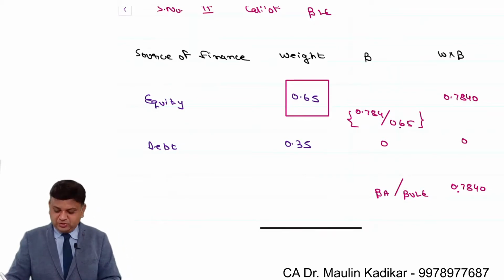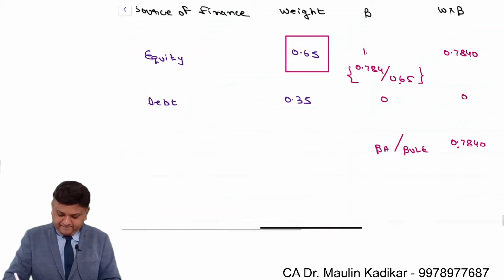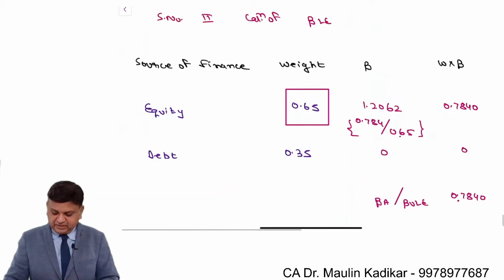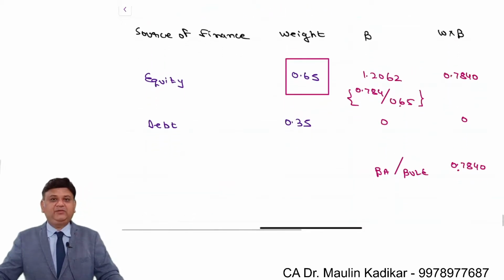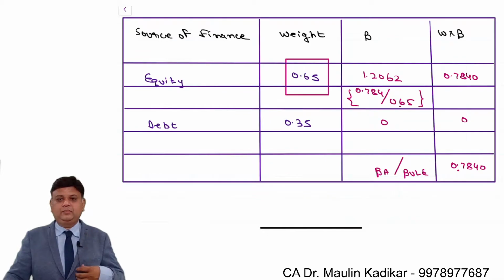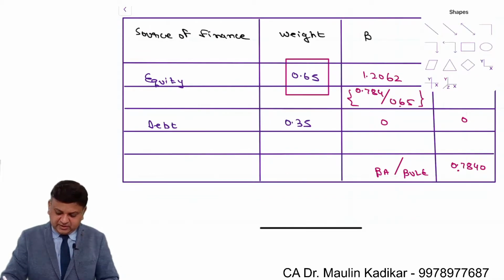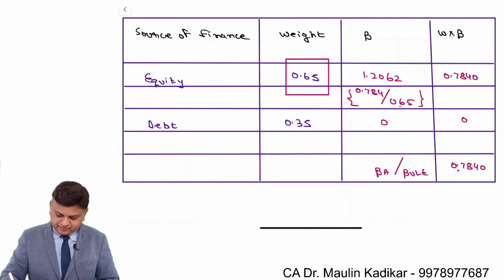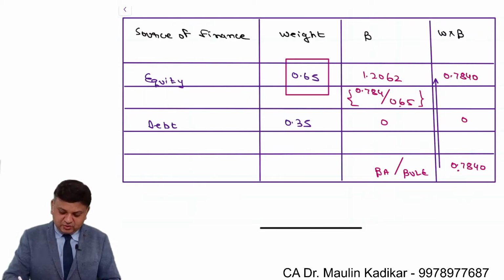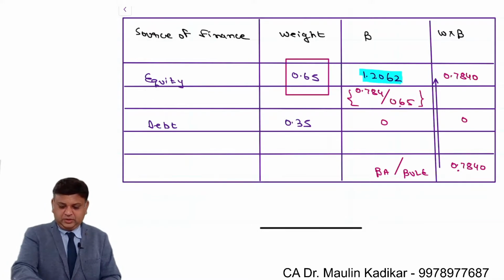So 1.2062. That is the way beta of the levered equity will be calculated, as a balancing figure. Okay.